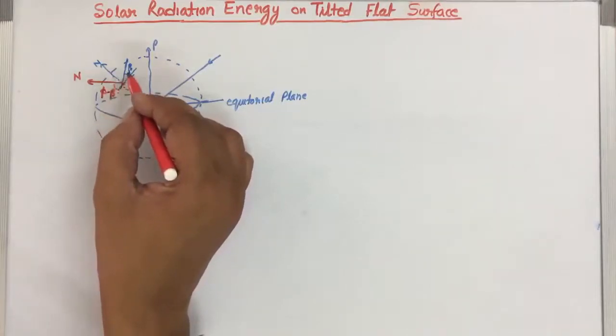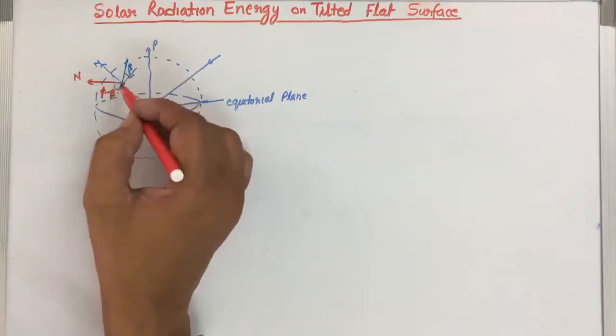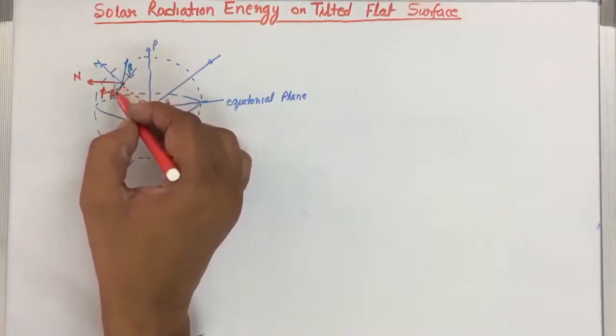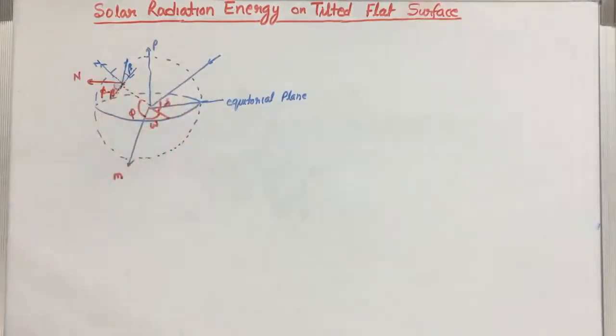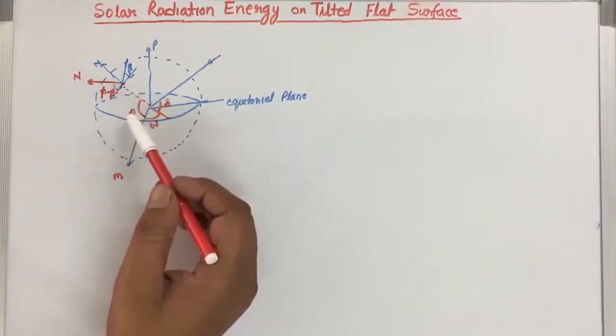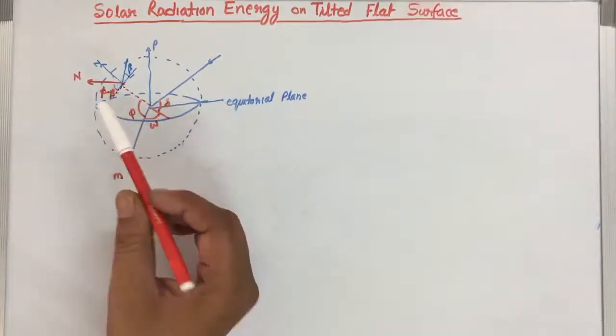So it will be equal to this. The remaining angle from phi, it was the horizontal, the remaining angle will be phi minus beta. So one term that should be clear now: the phi, that is the latitude angle, is now changing to phi minus beta.